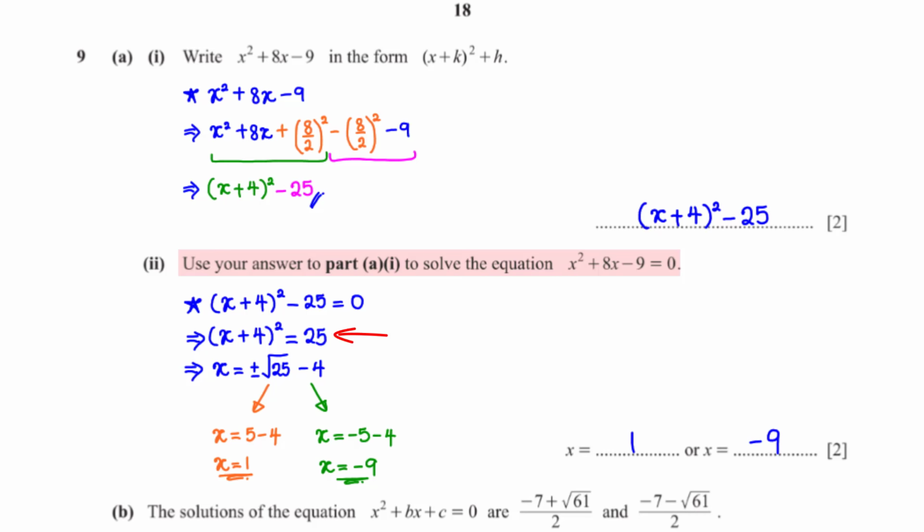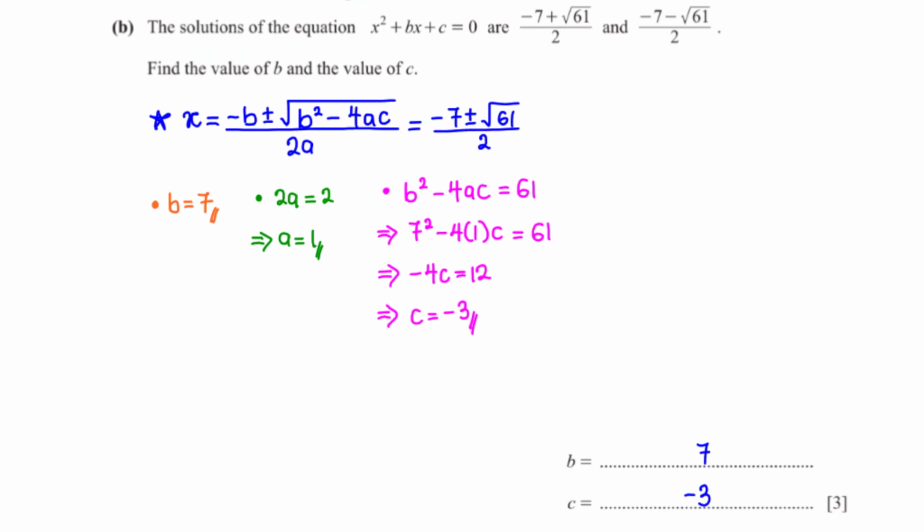When we take the square root of both sides of the equation and subtract 4 from both sides, this is what we get. For the first x value, we have positive square root of 25, which is 5 minus 4. 5 minus 4 is 1. For the second value of x, we have negative square root of 25, which is negative 5 minus 4, which gives us negative 9.